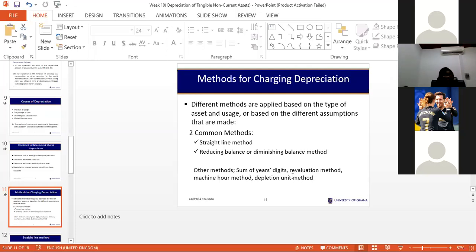It is expected that you have knowledge of these for computational purposes. We would be focusing on these two. But for theory purposes, and because you may be doing multiple choice, it may be necessary for you to know the other methods. For computation, we are just focusing on the two common methods.